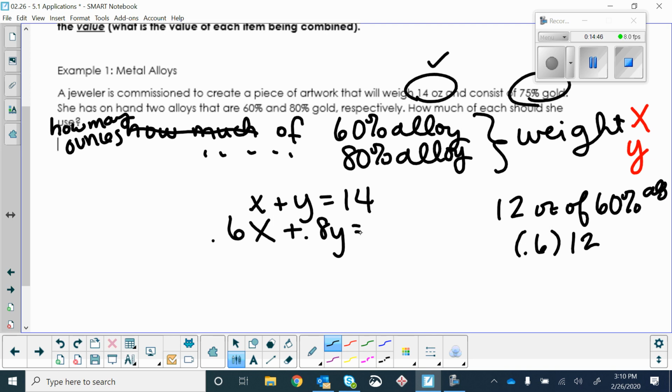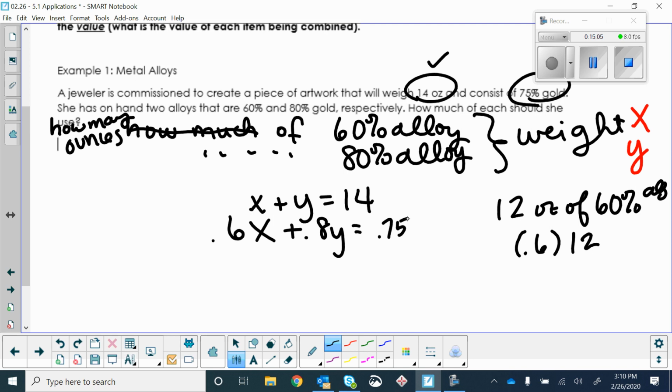All of that together, our final product, 75% gold, right? It's not just 0.75 over there. It's the percentage of your final product, that amount.